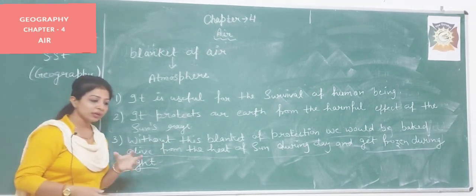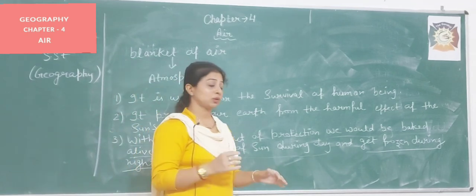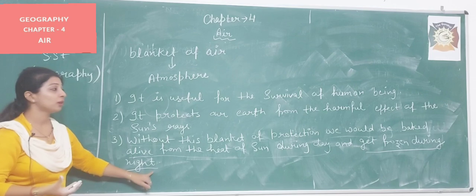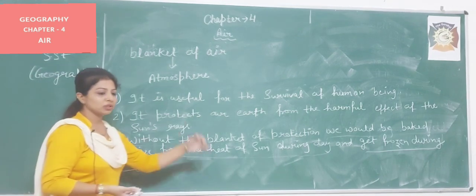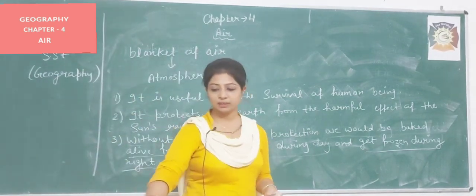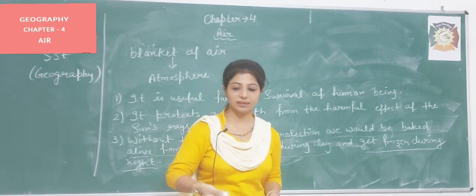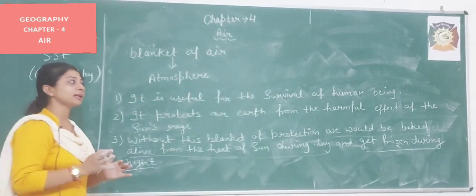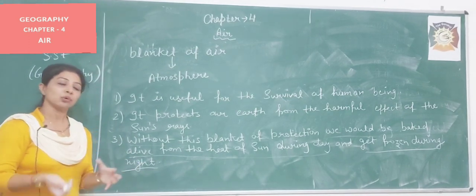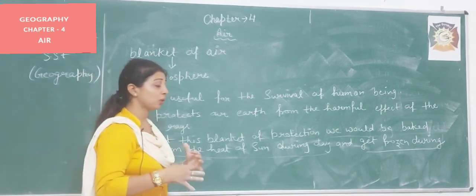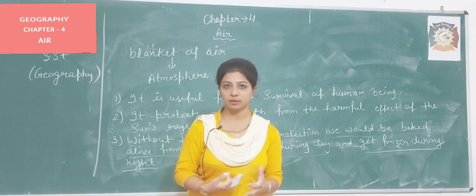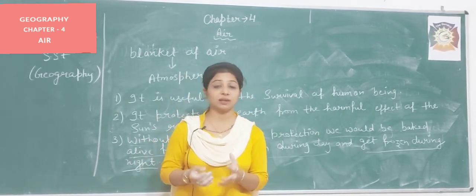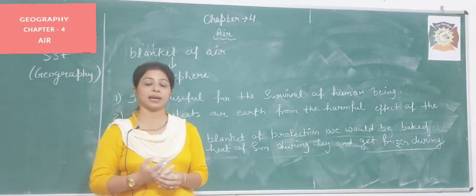So it helps us overcome this problem. These were the advantages of the atmosphere. So now we can say atmosphere makes the earth livable. Only if the atmosphere is there can we live and survive. Human beings as well as animals, as well as our earth, are sustained because of the atmosphere.